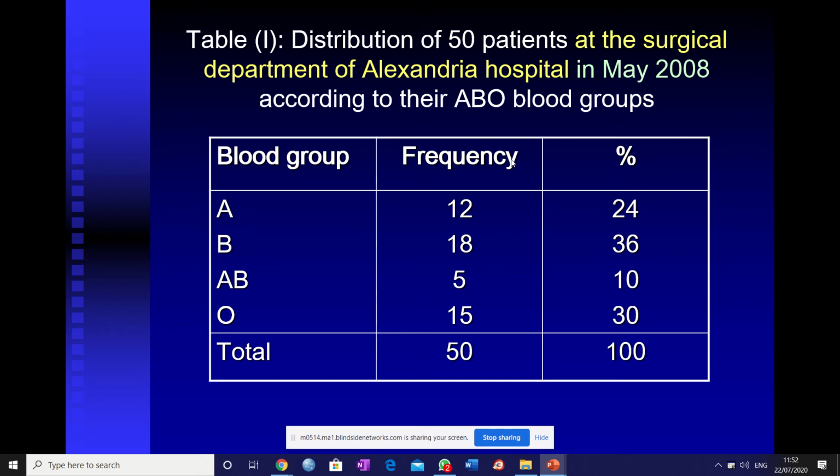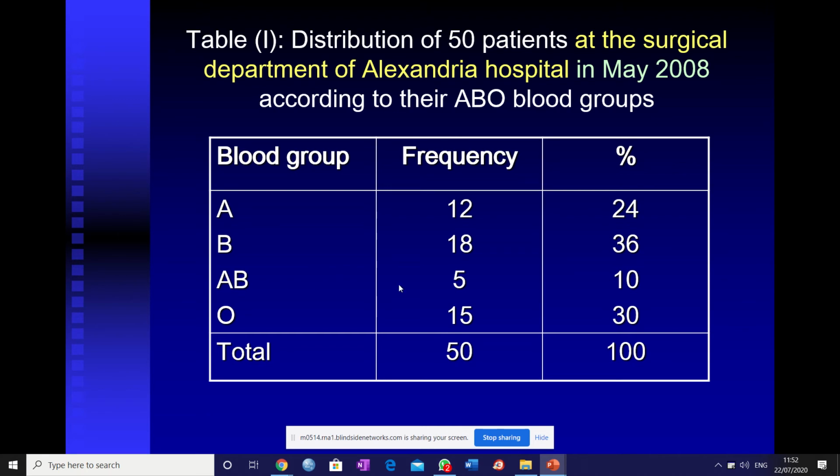Again, frequency is the number. We don't say number in biostatistics. We use the keyword frequency. We always use the frequency. This is the method that you can see in many papers, that they express it as frequency and percentage.